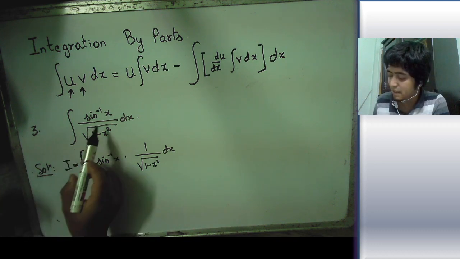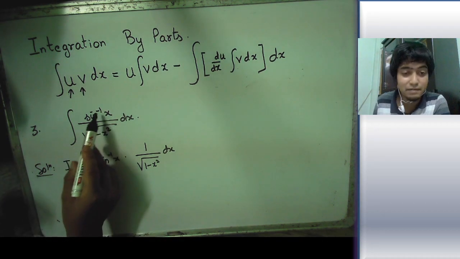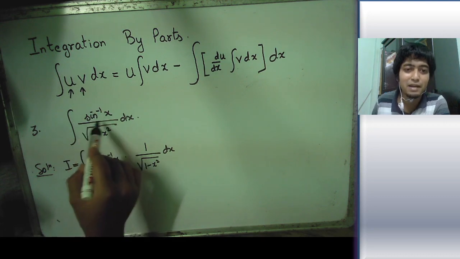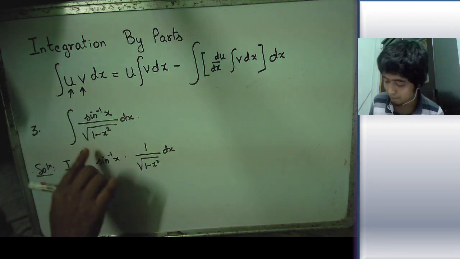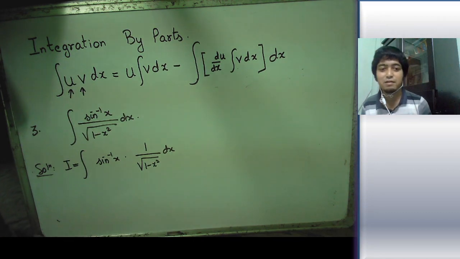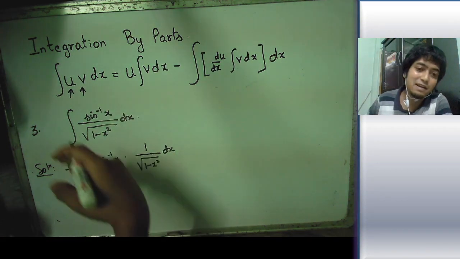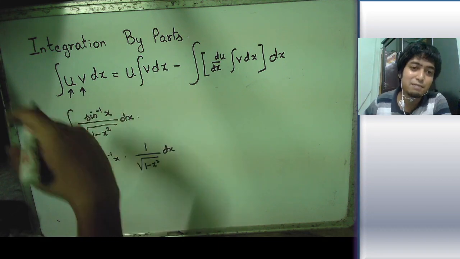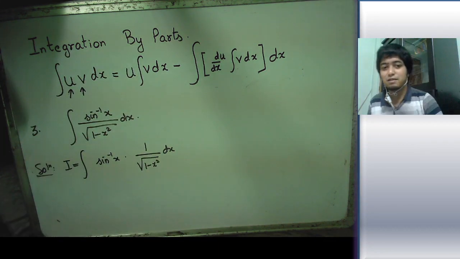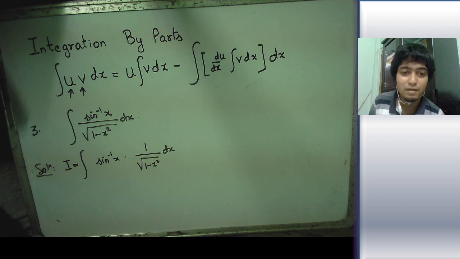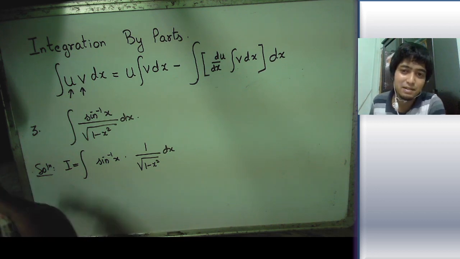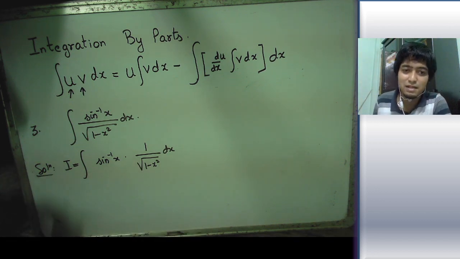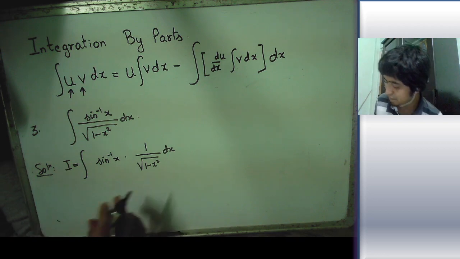It is because if you differentiate sine inverse, you will be getting 1 by root over 1 minus x squared. So this is in fact a problem involving substitution as well as integration by parts. We can do it directly, but we can also choose to do it differently, which I will do. So I will substitute first.